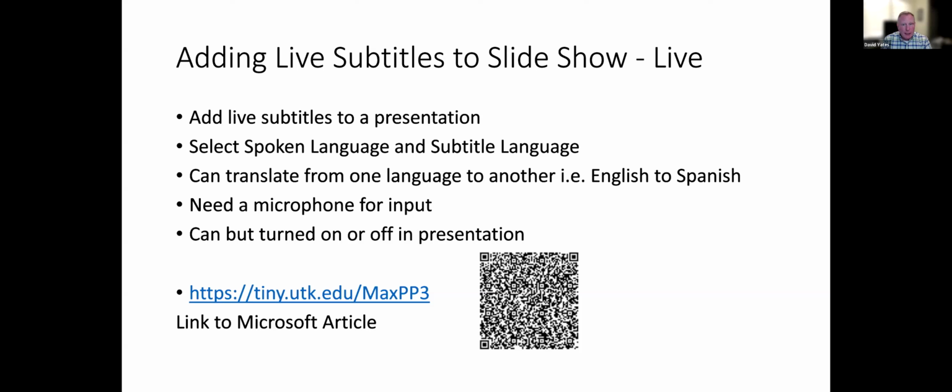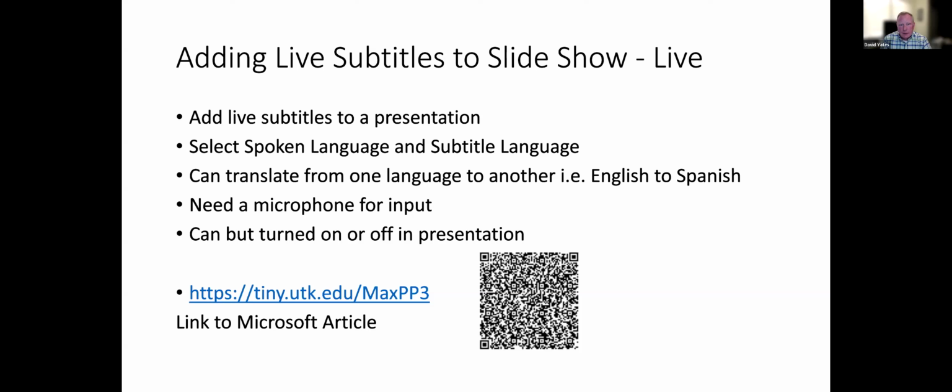Well, that's great. And even if someone is not hearing impaired, having those come up at the bottom of the screen can be helpful. Where this can get even more interesting, and I think a more valuable tool for some of us, is that you can select the spoken language that is going into it and what the subtitle language is going to be.